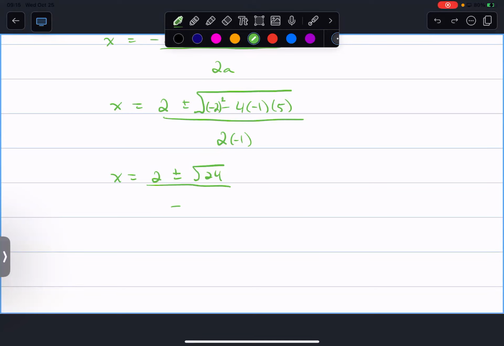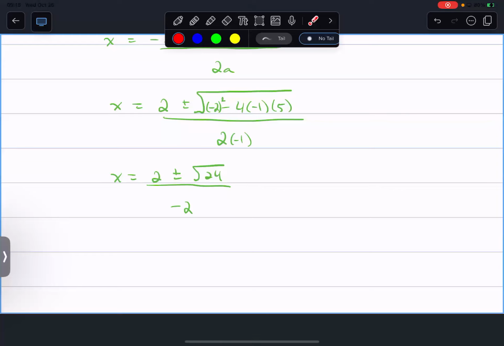Oops, negative 2. Your calculator will turn the root of 24 into 2 times the root of 6, right? If it simplifies it, which is nice. Then you could cancel 2's all around, but you'd still have to do the same amount of math.